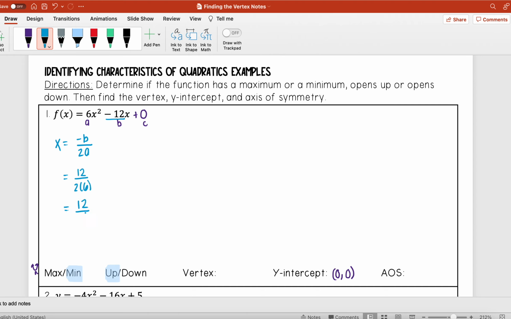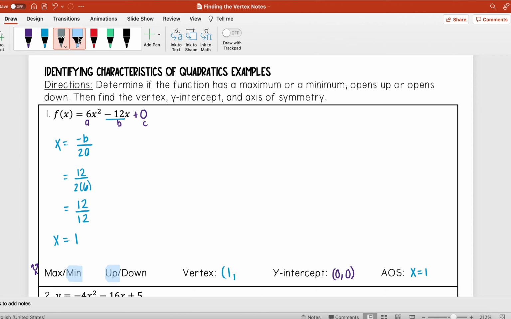So here I have 12 over 12, and so that means that x is equal to 1. So I know that my vertex starts with 1. But now I actually have my axis of symmetry as well, because remember, your axis of symmetry is just the x value of your vertex. So my axis of symmetry is x is equal to 1.